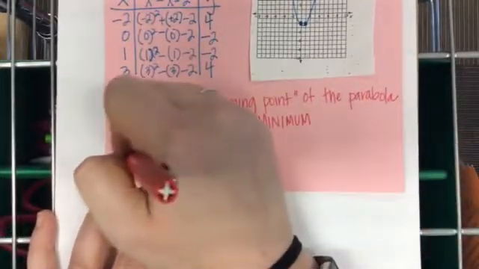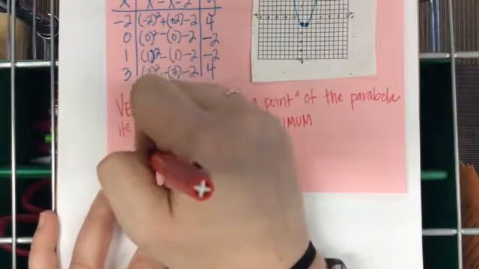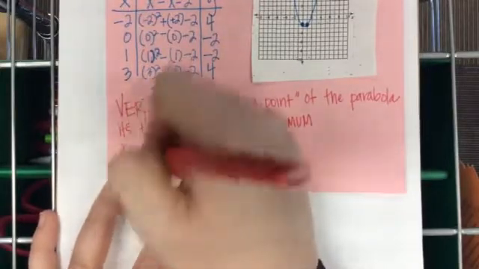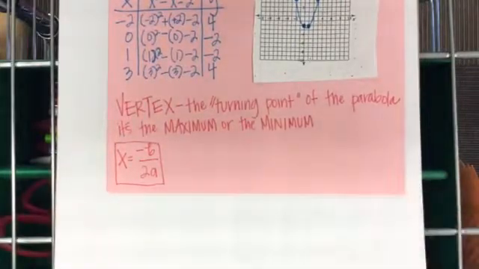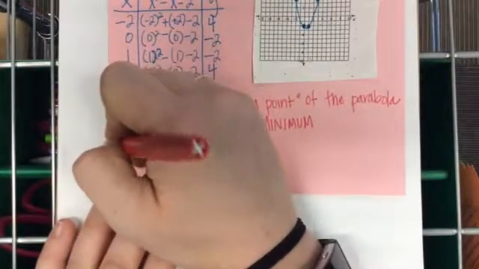So we have this formula. X equals negative b over 2a.